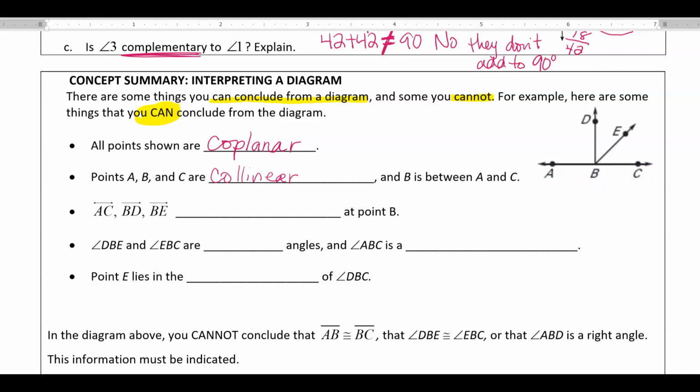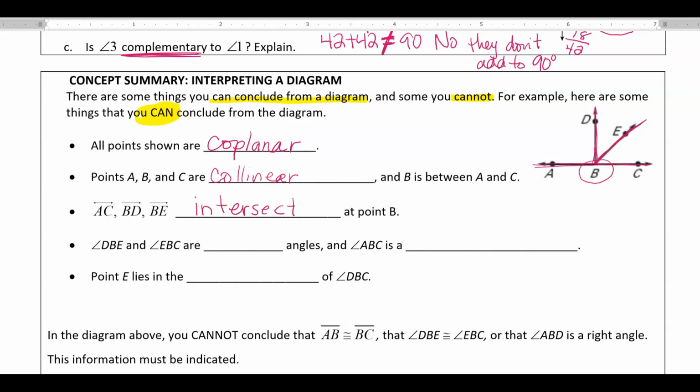Now, next, talking about rays and lines. It says line AC and ray BD and ray BE all do something at point B. Well, you can see that they intersect.